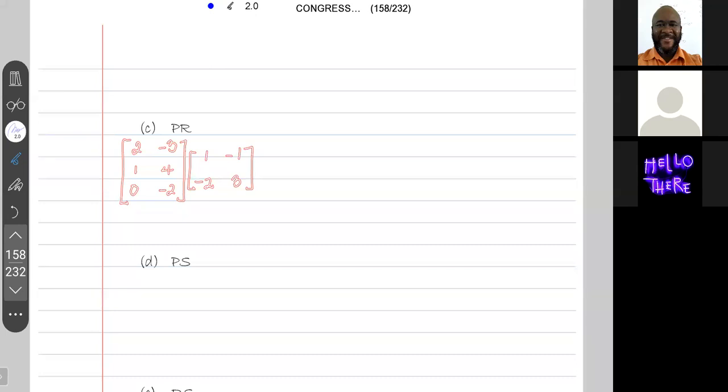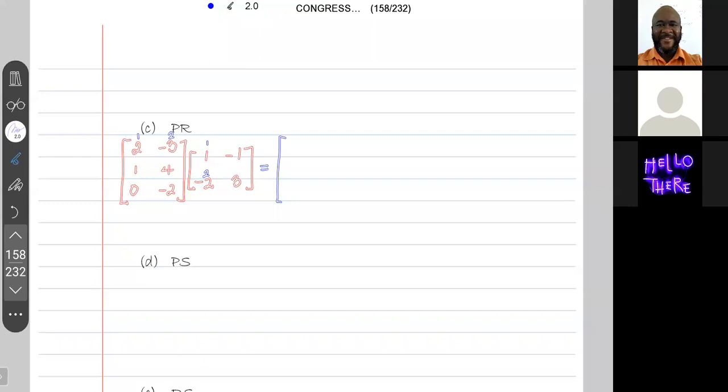All right, so now we're multiplying a 3 by 2 matrix by a 2 by 2 matrix. We should end up with another 3 by 2 matrix. So these are the first and second element in the top row and the left column.